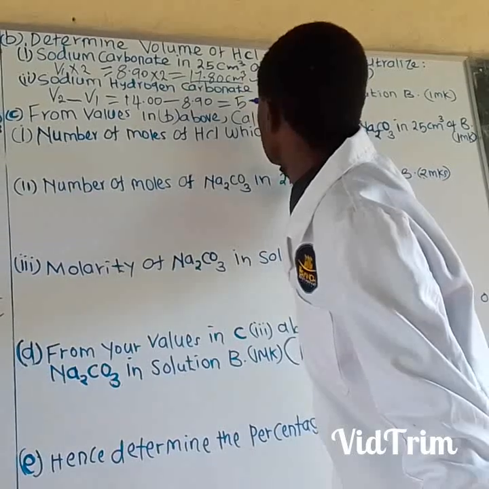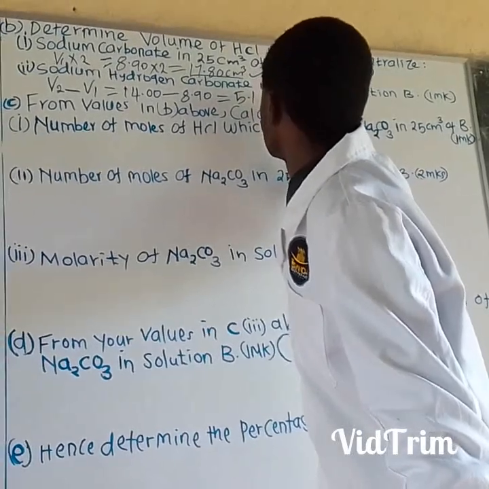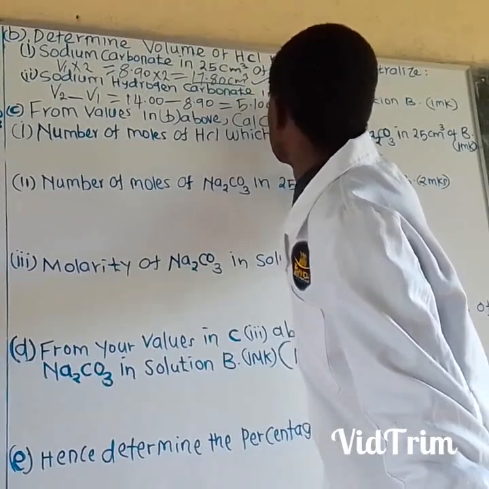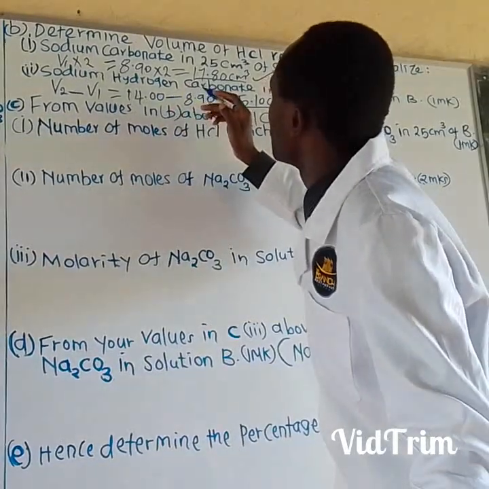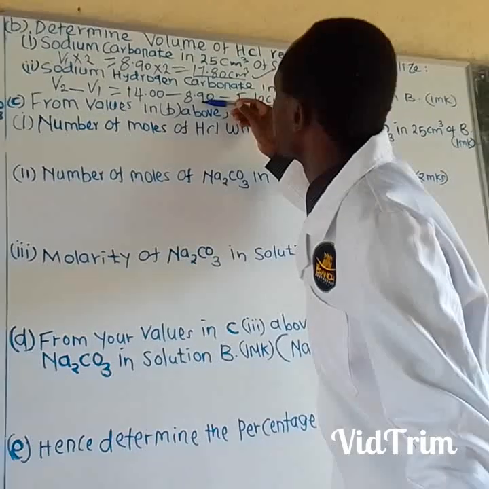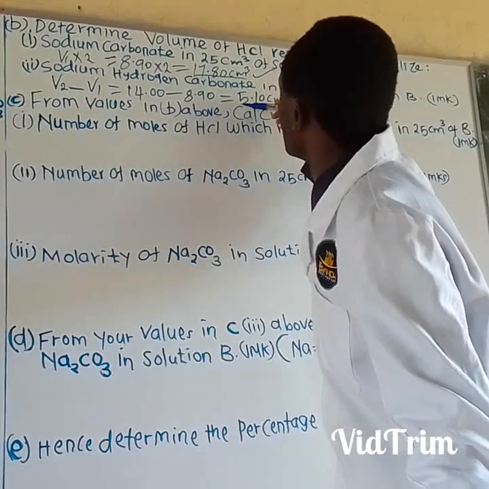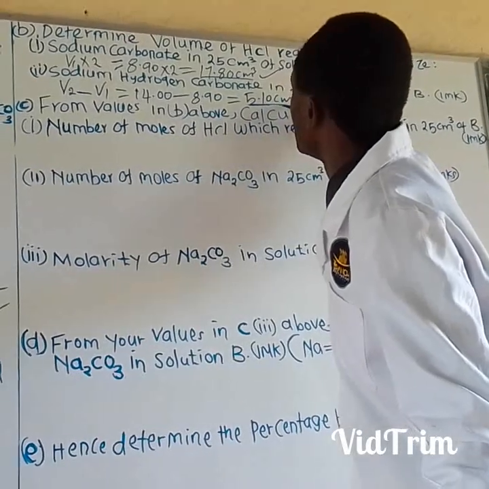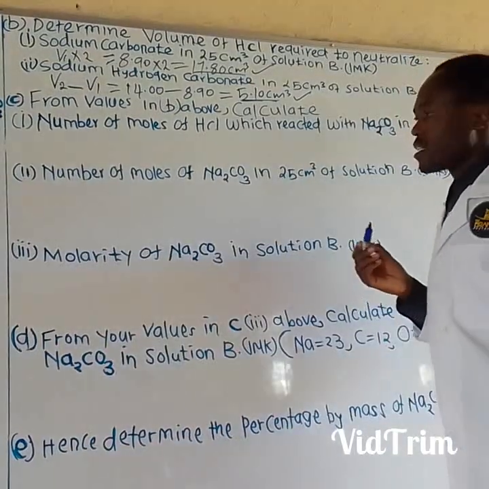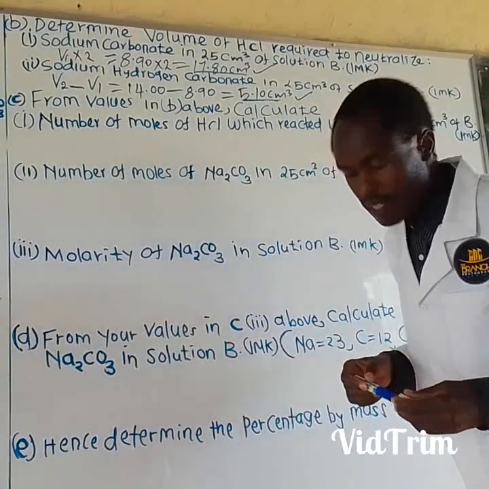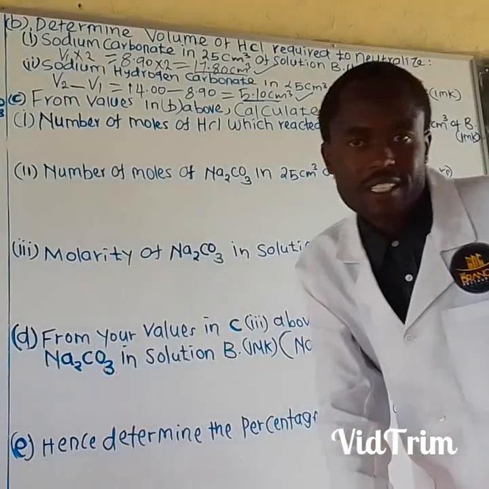This one becomes 5.10 centimeter cube. So that's the volume of hydrochloric acid that reacted with sodium hydrogen carbonate. Is it okay? And hope you are well focused. Is it okay? Then we move on to the second question.